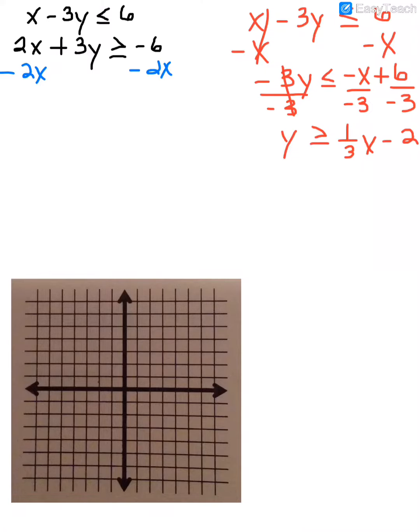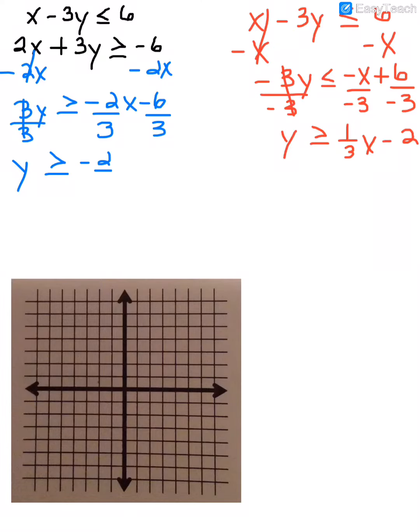And that gives me 3y is greater than or equal to negative 2x minus 6. And then I divide every term by 3. This time I'm dividing by a positive number, so I do not need to flip the inequality symbol. So I have y is greater than or equal to negative 2/3 x minus 2.